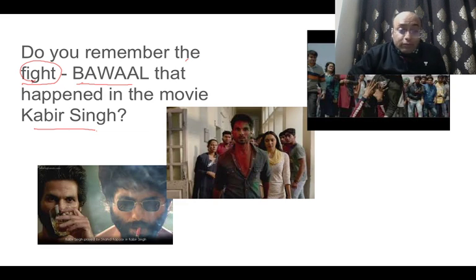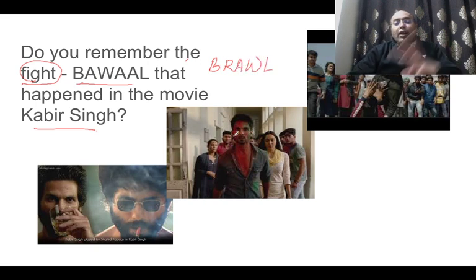Now, with this, we can remember a word that is BRAWL, brawl. So it is pronounced as brawl, but we can say that slightly it sounds like bawal, right? So you can remember it in this manner.